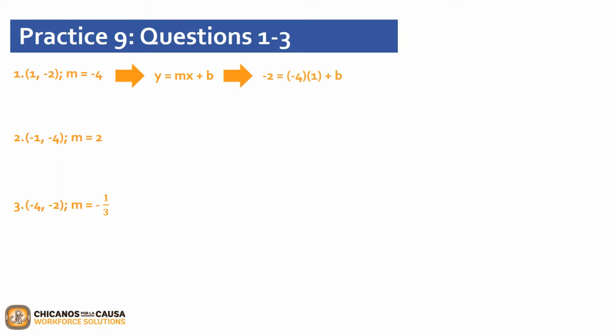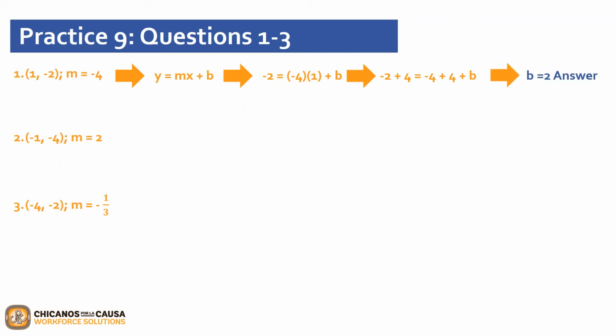This gives us -2 equals -4 times 1 plus b. Now, in order to isolate that b by itself, we're going to add 4 to each side. This gives us a final answer of b equals 2.